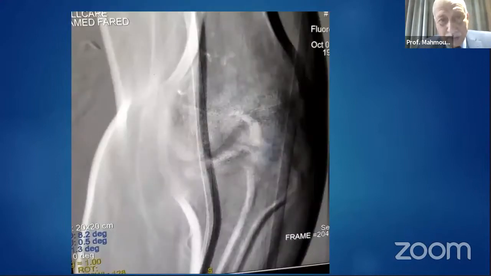We crossed the popliteal lesion, and we managed to snare the wire from above. So we had the two ends of the wire outside the body, which is, as we call, body floss. Then we did ballooning of the popliteal artery. And this is the result.